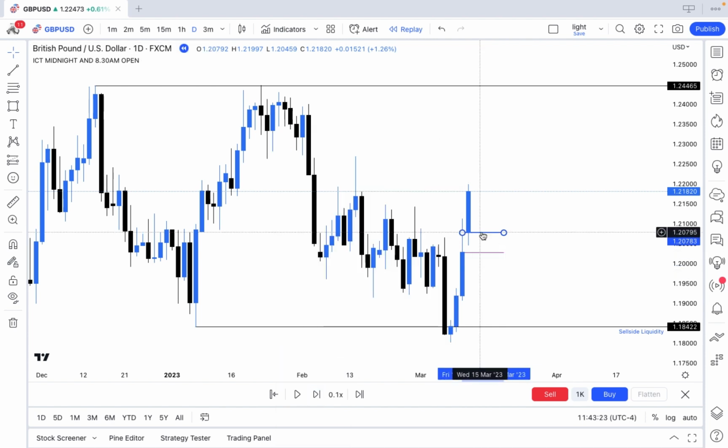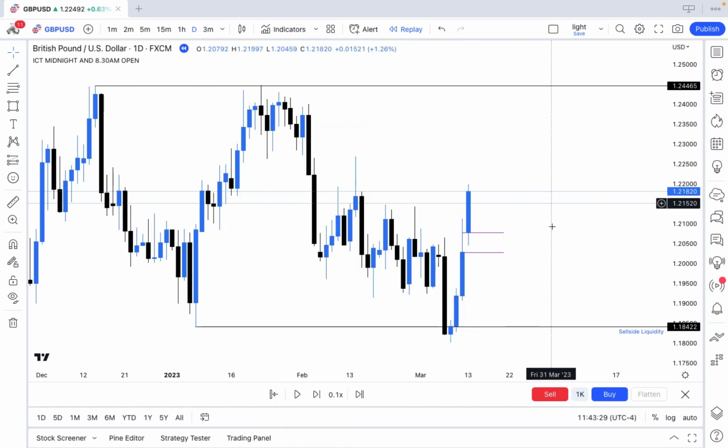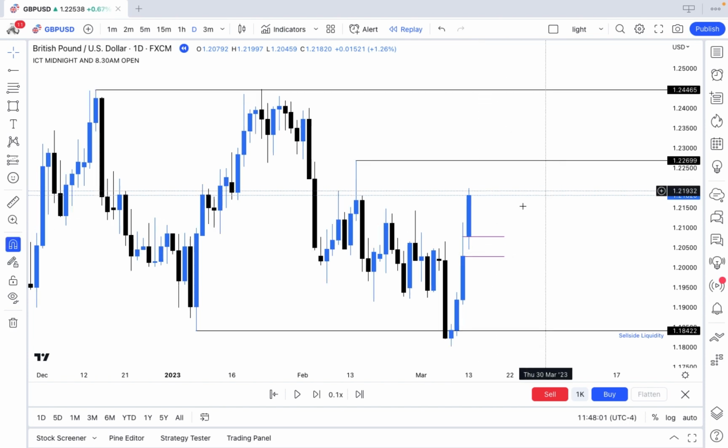Let me just change it up a little bit. So that's a volume imbalance. Now that's somewhere price can be sensitive to, and I'm watching to see how price behaves when it comes in here. Because if we're bullish and price comes back down in here, I can look for signs that price is actually going to expand further to take the buy side liquidity up here.